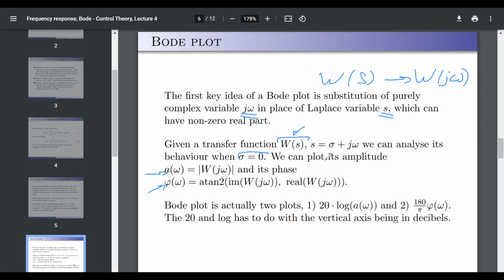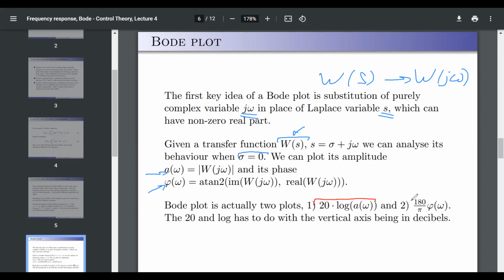The Bode plot is very similar, except in the Bode plot, what we plot is 2 things. First is 20 log of the amplitude of the transfer function.